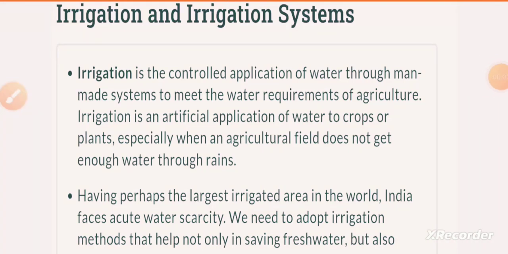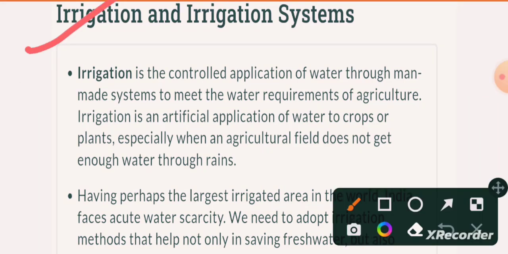In this video we are going to see irrigation and irrigation systems, which is part of General Studies 3, and this part belongs to the agricultural part of the paper. So what is irrigation? Irrigation is the application of water artificially in those areas which have a small amount of water.